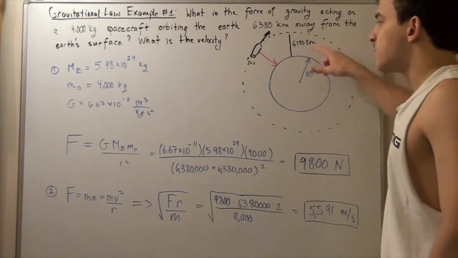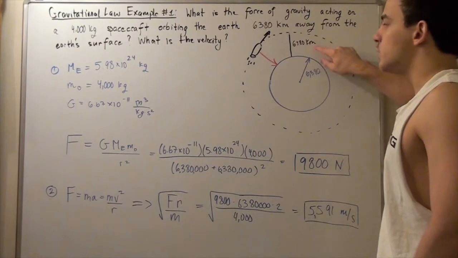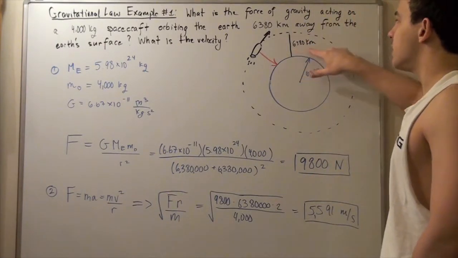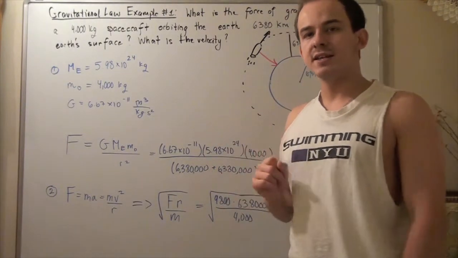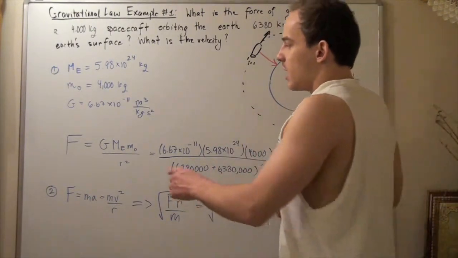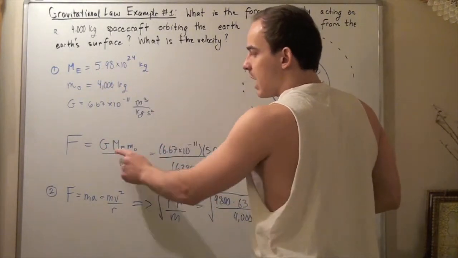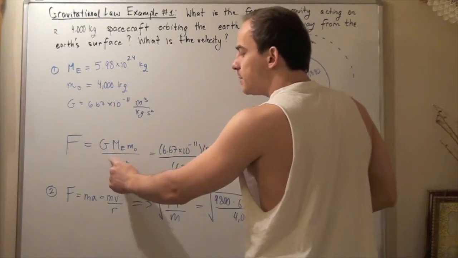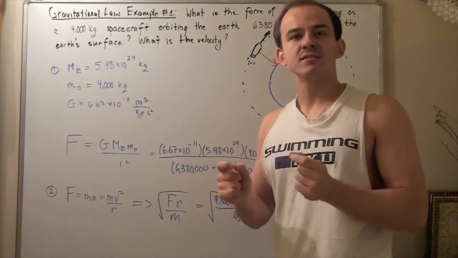And that means before we plug this in anywhere, we have to convert this into meters. So, to convert this into meters, we simply multiply this by 1,000 because there are 1,000 meters in a single kilometer. So, G times mass of the Earth, which is this in kilograms, times mass of the object, which is this also in kilograms, divided by the distance between the two objects' center of mass squared.